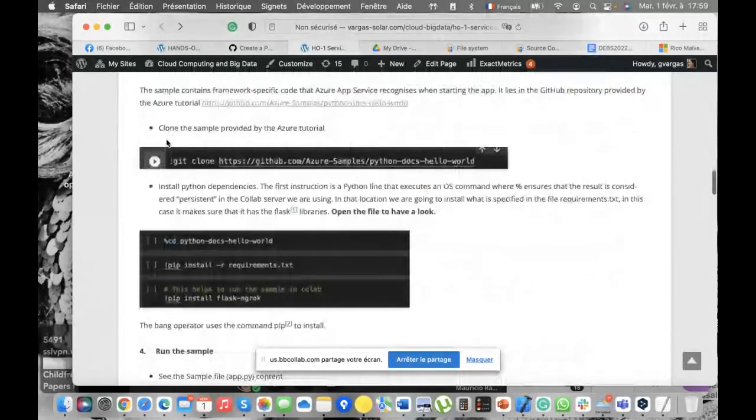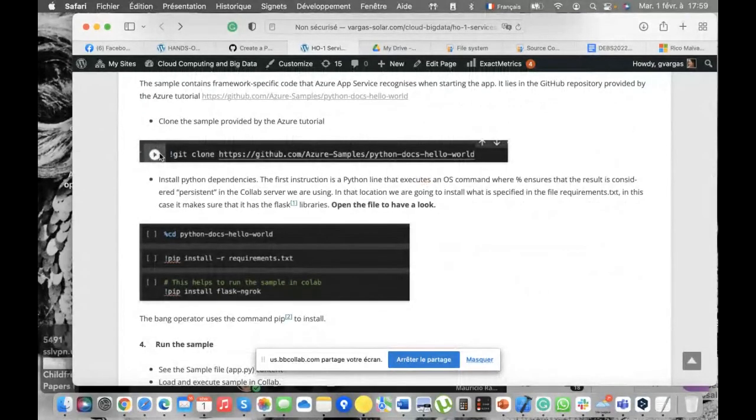So, and then ngrok. Once we have opened the hands-on exercise, in this instruction we install CLI, we called ngrok, and then we got the application from Azure, and you had this instruction. You see, a bang, and then we call git, and we asked it to clone the code, everything that was lying in this address.